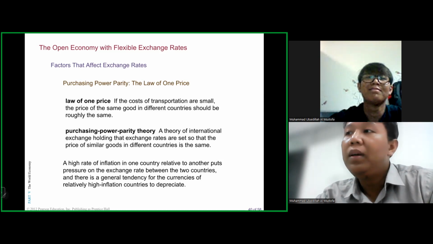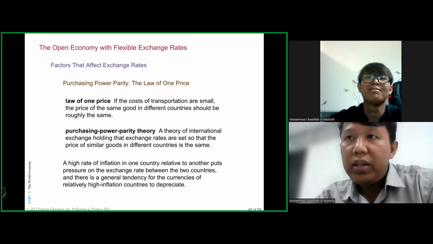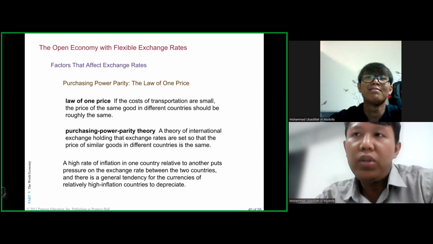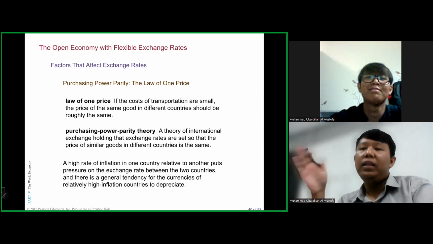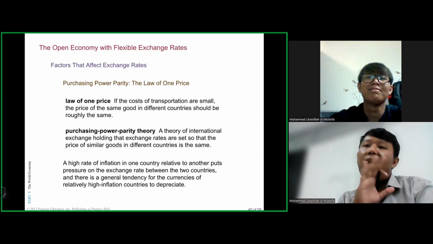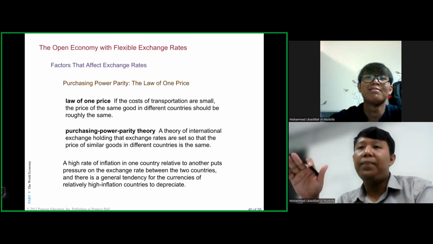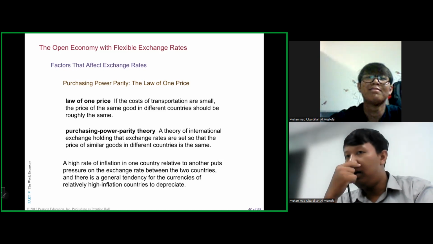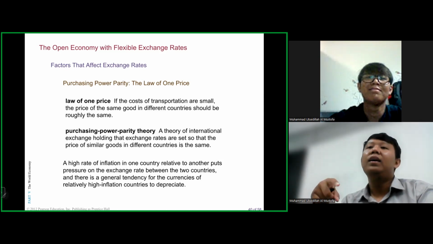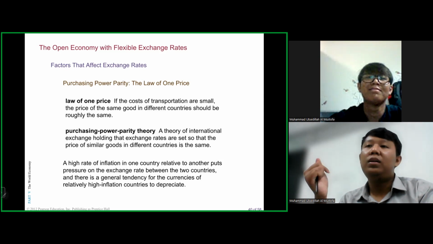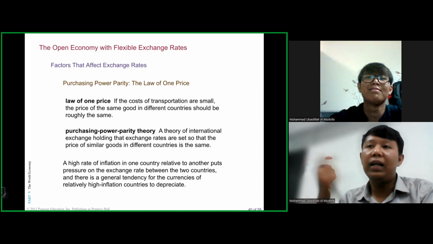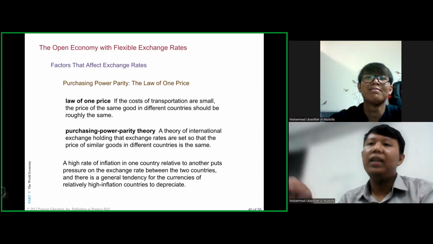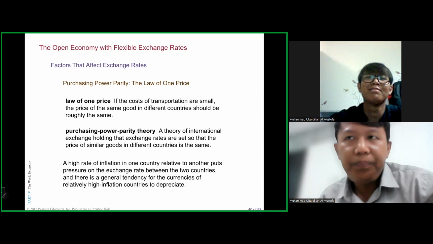So this is the law of one price. If we have no transportation costs, the price of the same good in this country and in another country would be roughly the same. That's why when you go to another country, you'll find roughly similar prices for the same products selling in different countries.